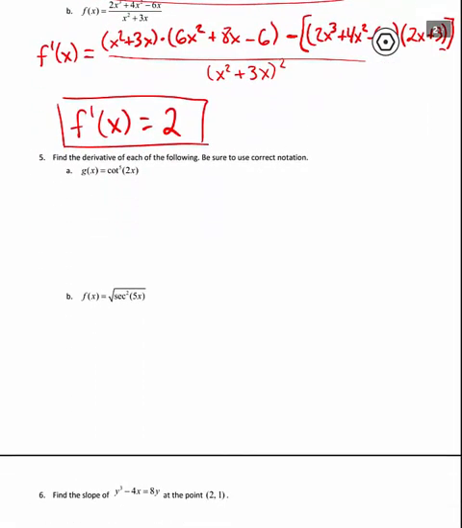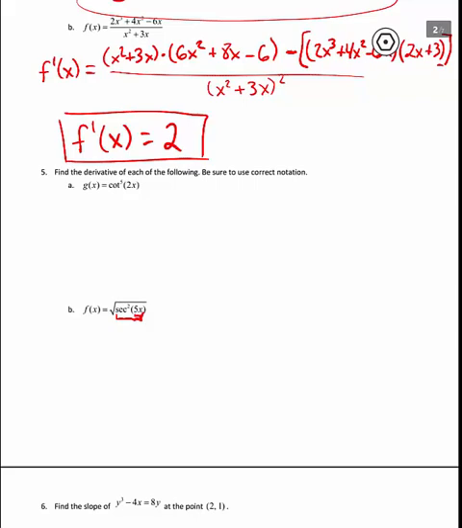Alright, question 5. These are both chain rule. You can see that we're doing an operation where the very inside is not just x, or the square root is not just of x. Okay, so we can rewrite this one as cotangent of 2x, all to the 5th power.